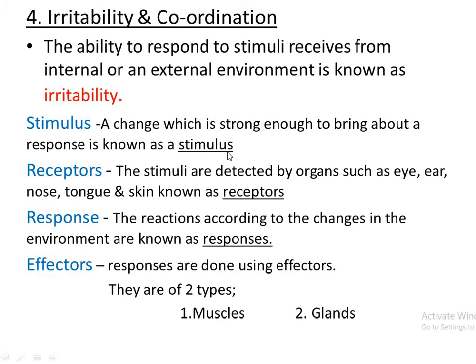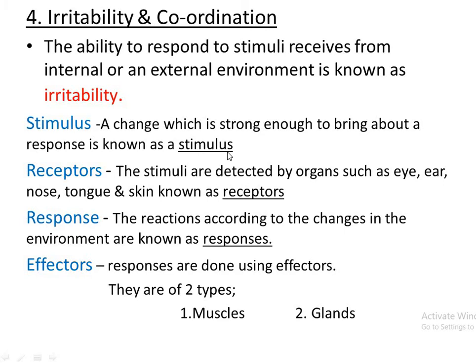Then the response is how you reacted. You may have jumped, you may have moved your leg away, you may have cried, you might have shouted. That is your response. The effector is how the response is done, or responses are done using the effectors. So what was used in order to bring about such a response? Maybe the muscles.